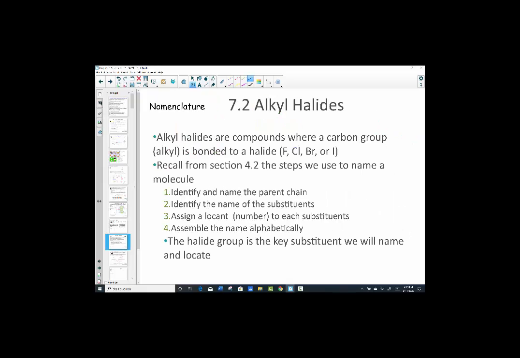When we think about naming alkyl halides, all of the same rules apply as before when we were naming alkanes. Alkyl halides are simply compounds that have carbon groups bonded to fluorine, chlorine, bromine, or iodine. So all of the steps we practiced back in chapter 4: identifying and naming the parent chain, giving the name of the substituents and assigning a number to those substituents, and then assembling those pieces alphabetically.